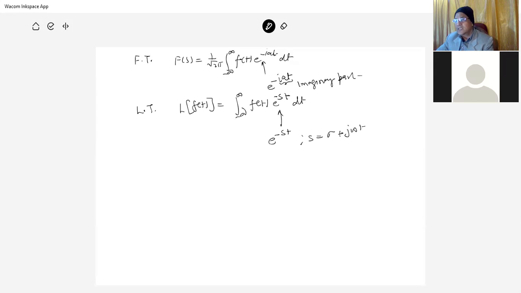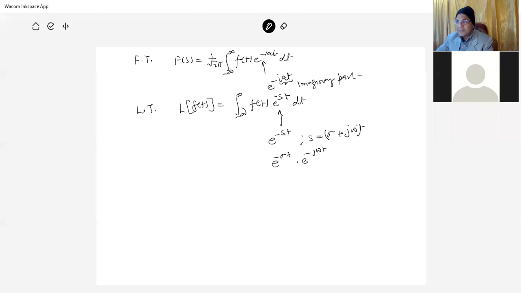It means e raised to the power minus sigma t into e raised to the power minus j omega t.